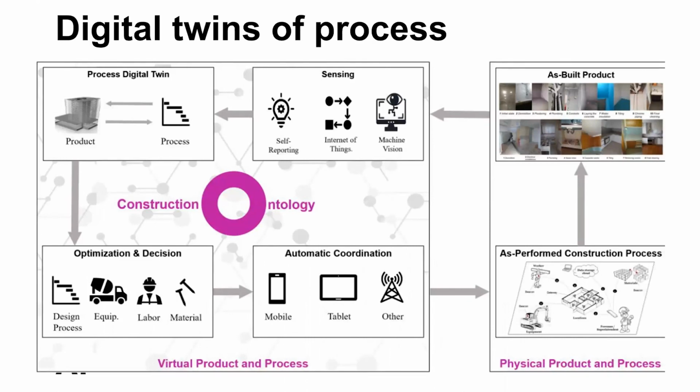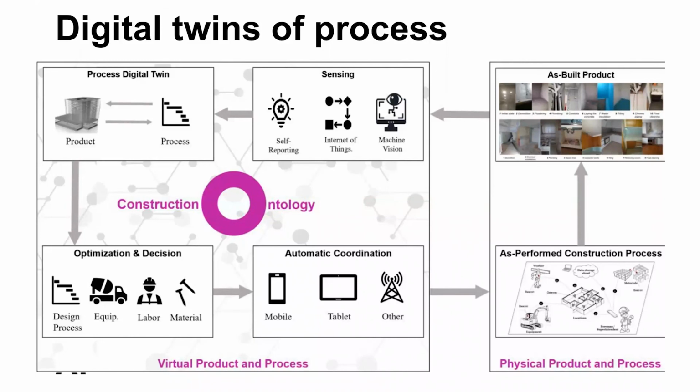For example, like this, we have some actual process that is being followed, some actual product that is being built. We can sense automatically what is happening in the process and what is happening to the product. And then we have a digital twin that we can use for optimization and decision making, and ultimately automatic coordination.